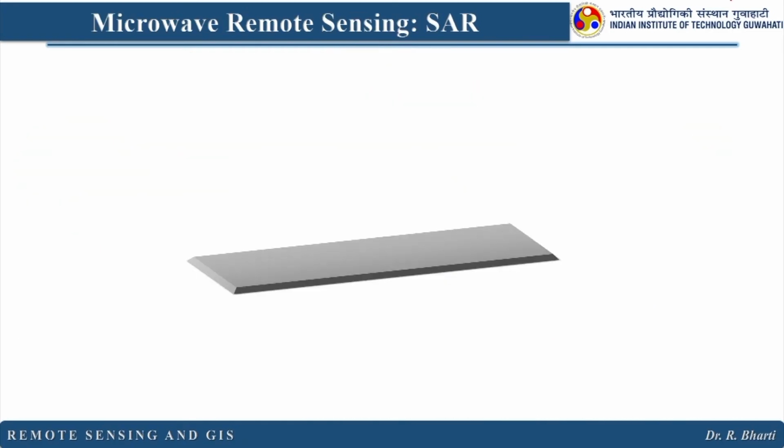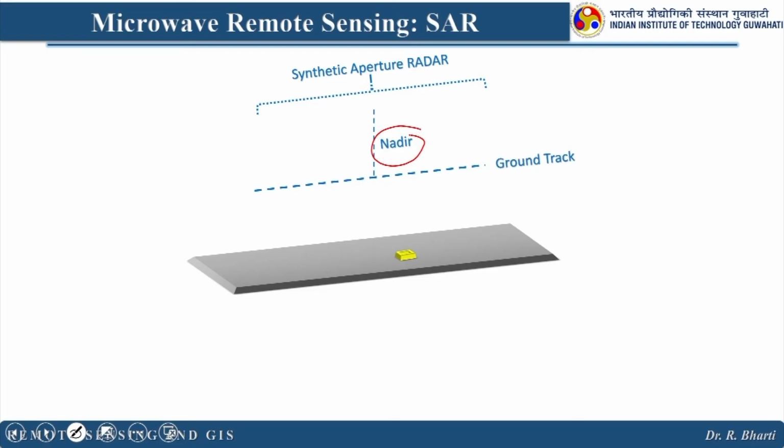Now, let us understand how we can image this particular object using synthetic aperture radar. Assuming the position of this target here, and this is the synthetic aperture radar, if you draw a perpendicular vertically down that meets the ground, that will be your nadir, which is here, and then you have the ground track.